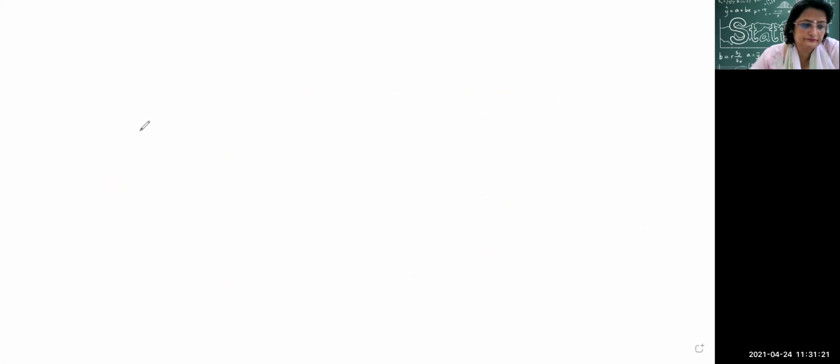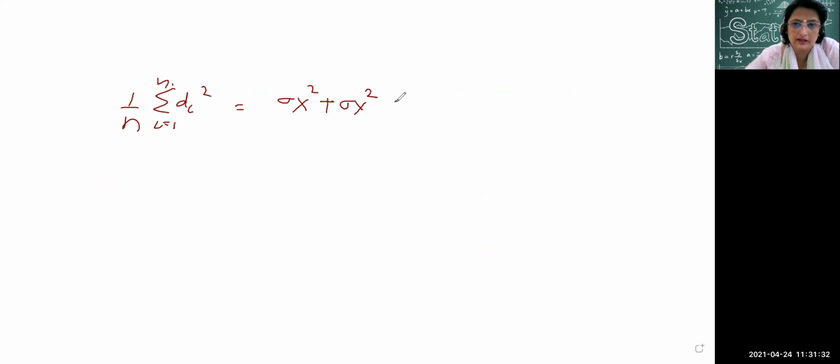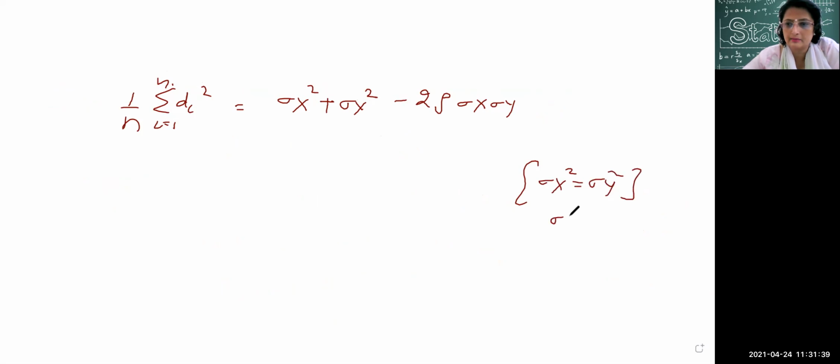Therefore, 1 by n summation of di square, i running from 1 to n, is equal to, you have sigma y square equal to sigma x square. So I will put the same value, same here, 2 rho sigma x sigma y. The reason is sigma x square is equal to sigma y square, which implies sigma x is equal to sigma y.